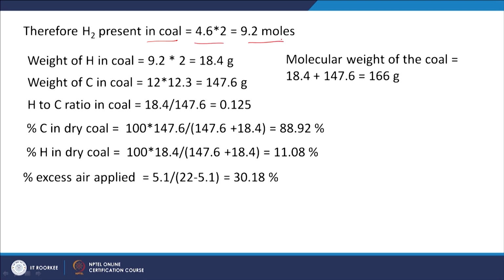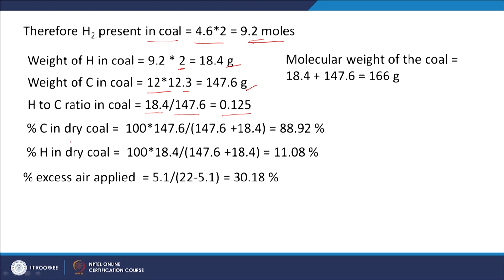So, 9.2 moles. Weight of hydrogen in coal equals 9.2 into 2, the molecular weight of hydrogen, so 18.4 gram. Weight of carbon in coal equals how much? 12 into 12.3 moles, that is equal to 147.6 gram. So, the weight hydrogen to carbon ratio in coal, 18.4 by 147.6, is equal to 0.125.